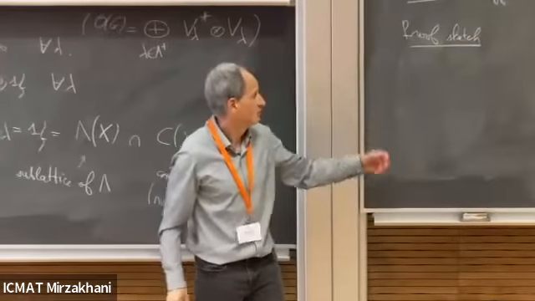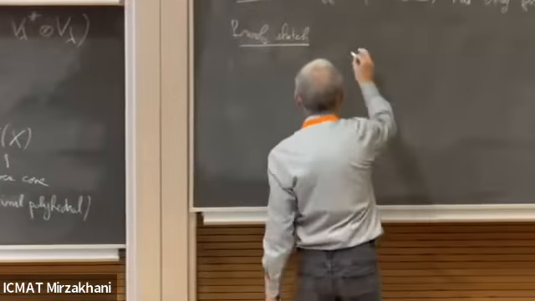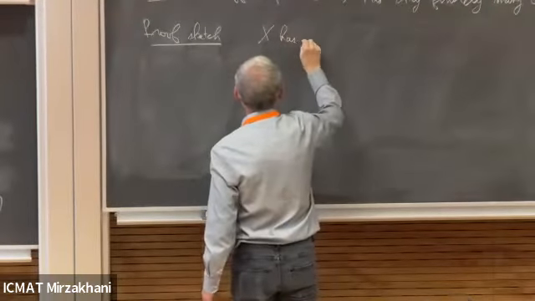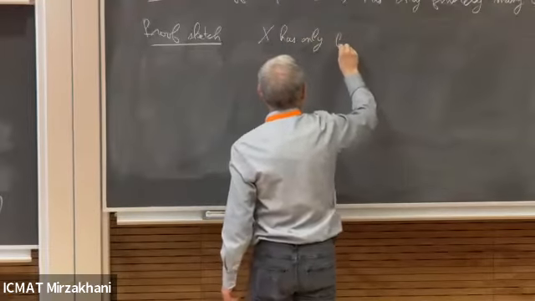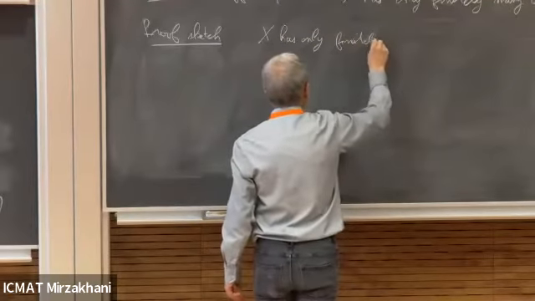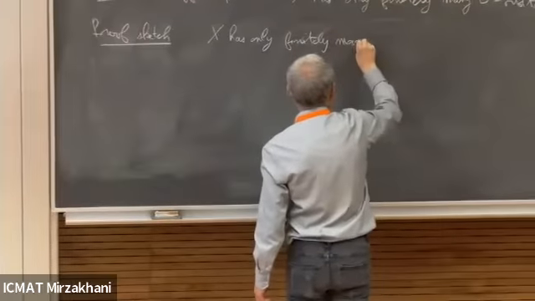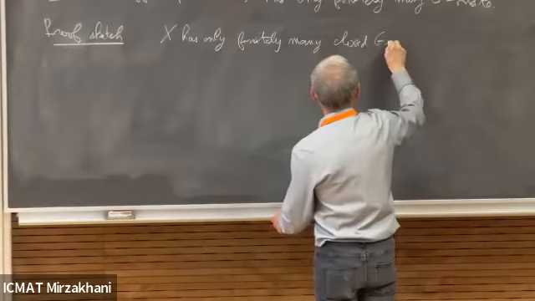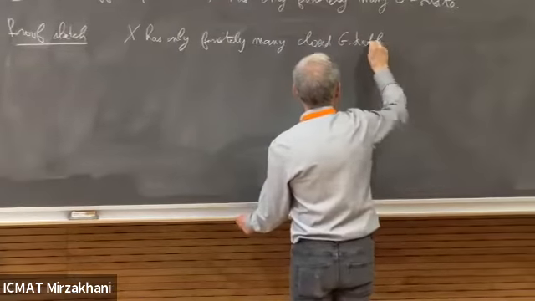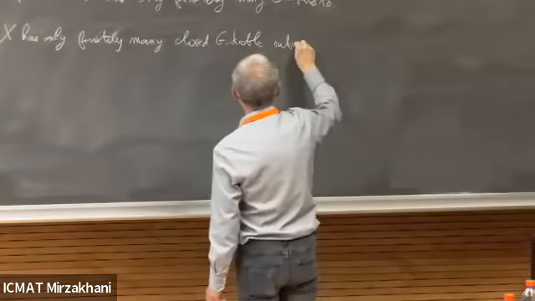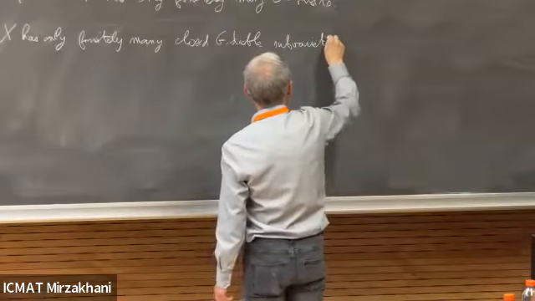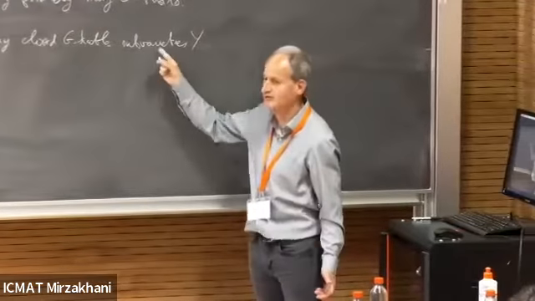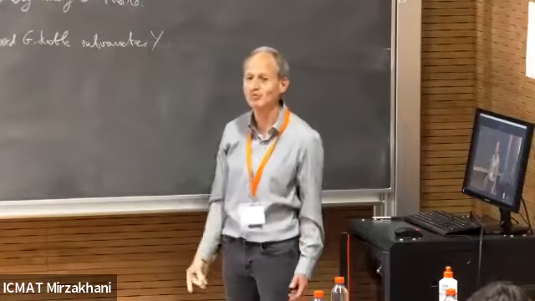What we actually prove is that X has only finitely many closed G-stable subvarieties, which we call Y. If we prove that, then we have only finitely many orbit closures.